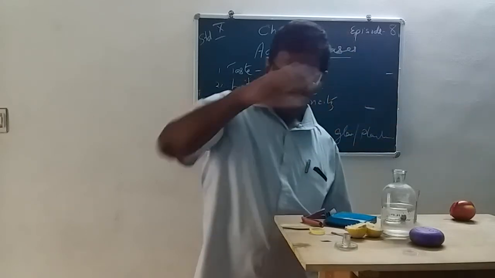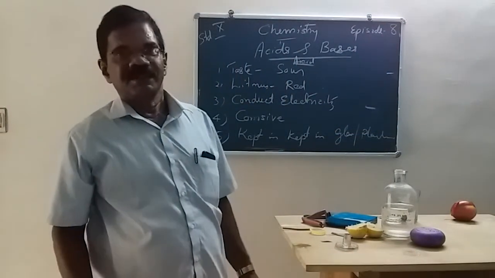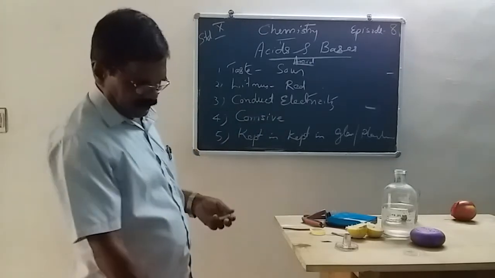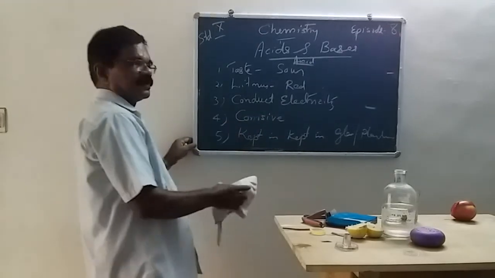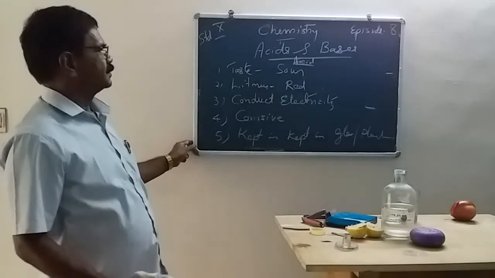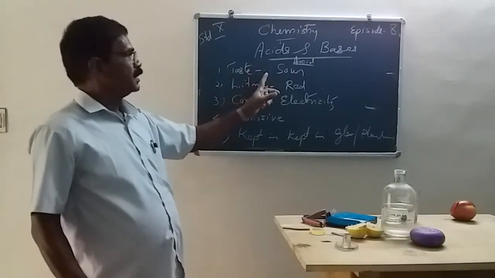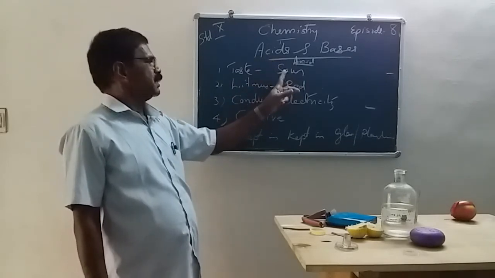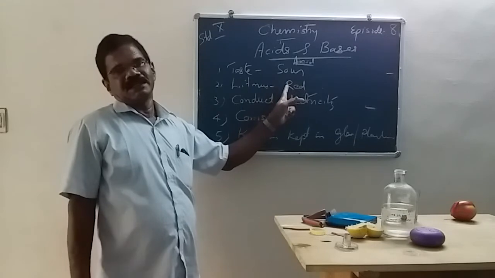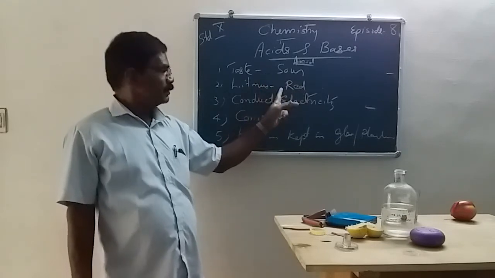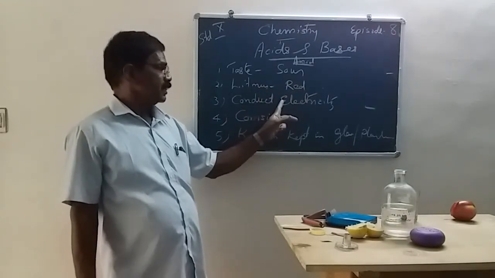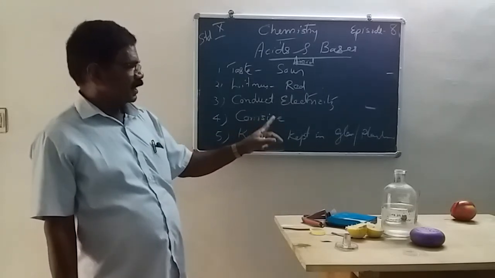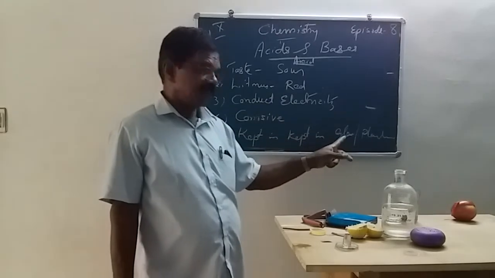Then, another property: acids react with bases to form salt and water. You must remember the properties of acids. They have a sour taste, they turn blue litmus red, they conduct electricity, they are very corrosive and are kept in glass or plastic bottles.